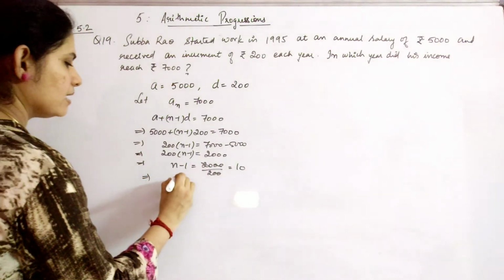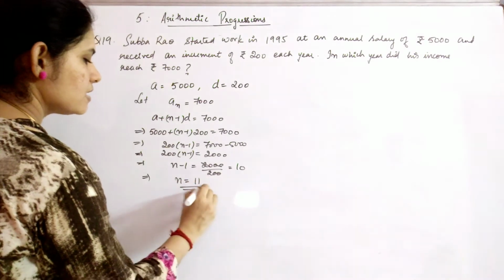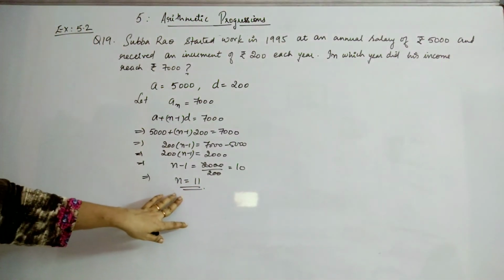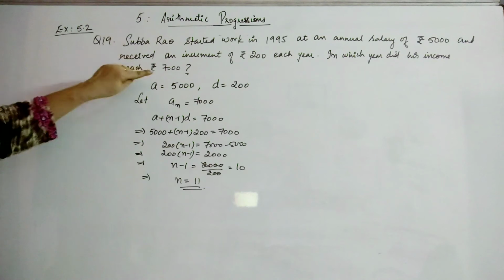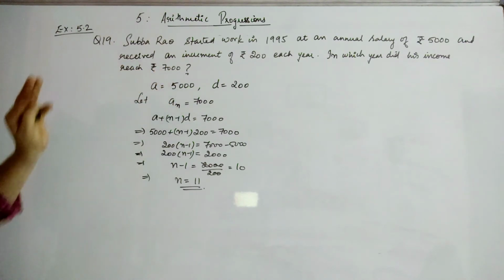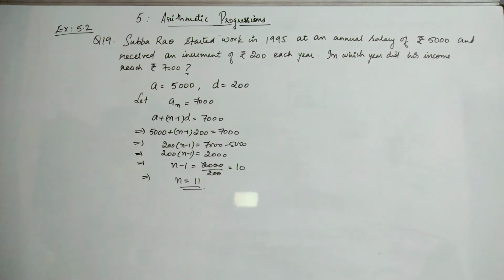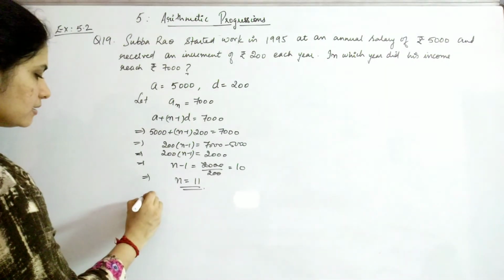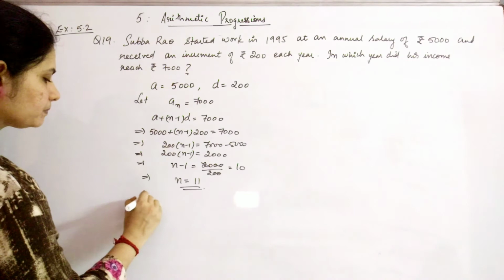So your n is 11, right? The meaning of n equal to 11 is that in the 11th year his salary will reach this amount. Okay, and which is that 11th year, that we need to find out.